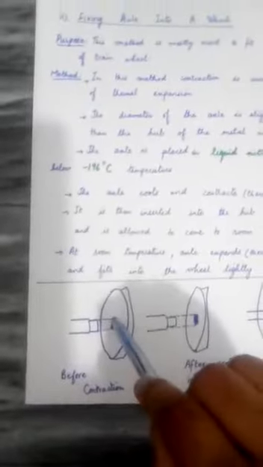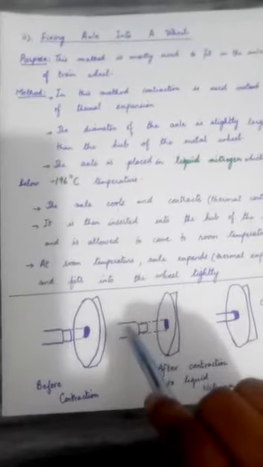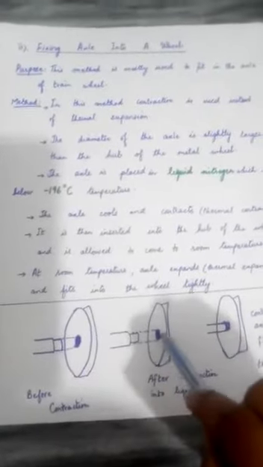If you look at the diagram and follow it side by side, the first step says that in this method contraction is being used instead of thermal expansion, so the diameter of the axle is slightly larger than the hub of the metal wheel. This picture is showing that before contraction the size of the hub is slightly smaller. The axle is then placed in liquid nitrogen, which is below minus 196 degree temperature. So after the contraction in liquid nitrogen, you can see the axle will easily fit into the hub of the wheel.